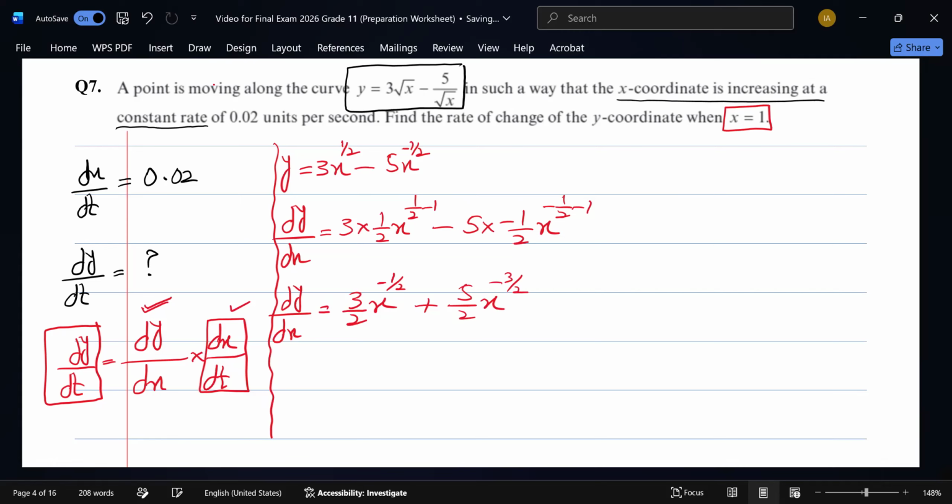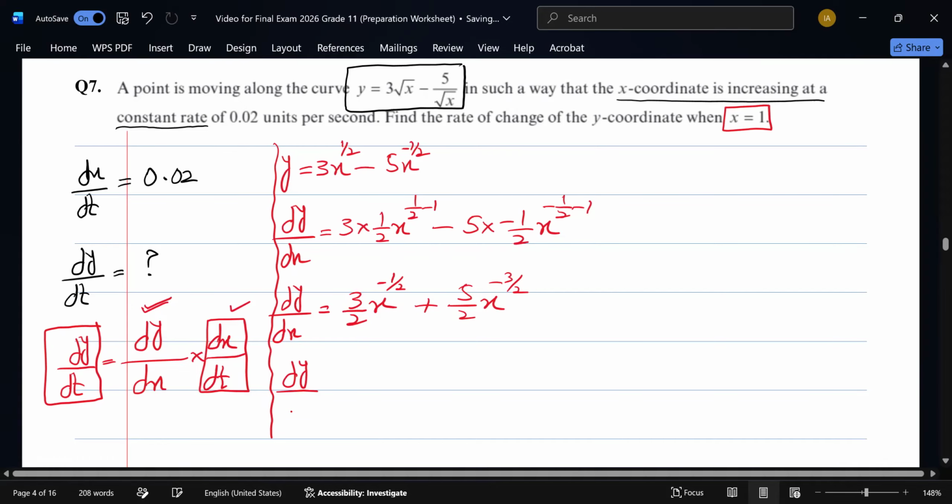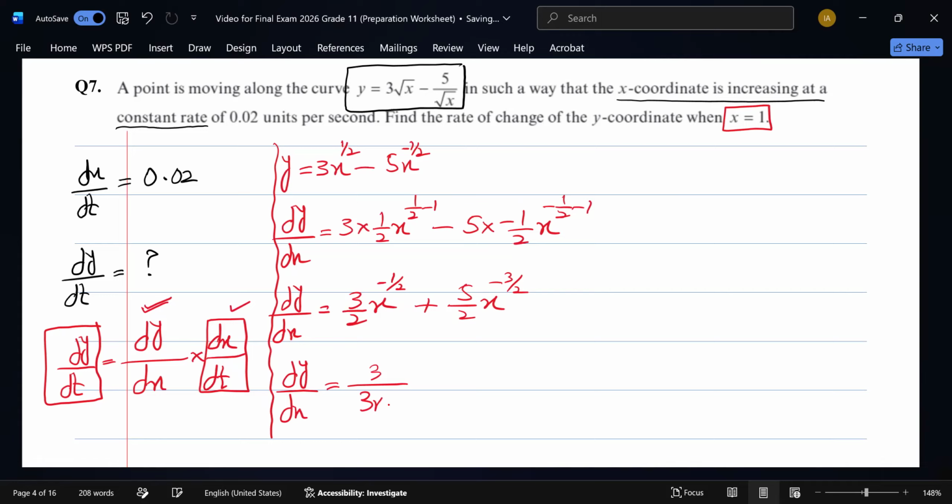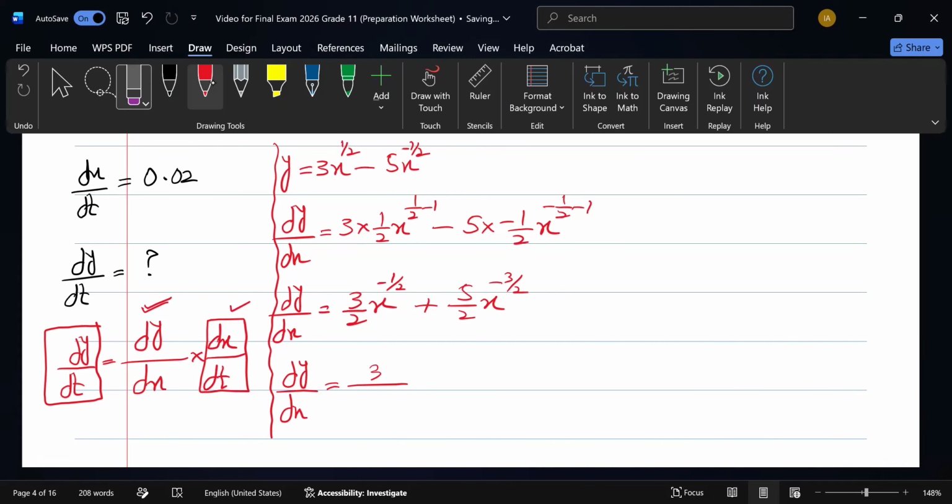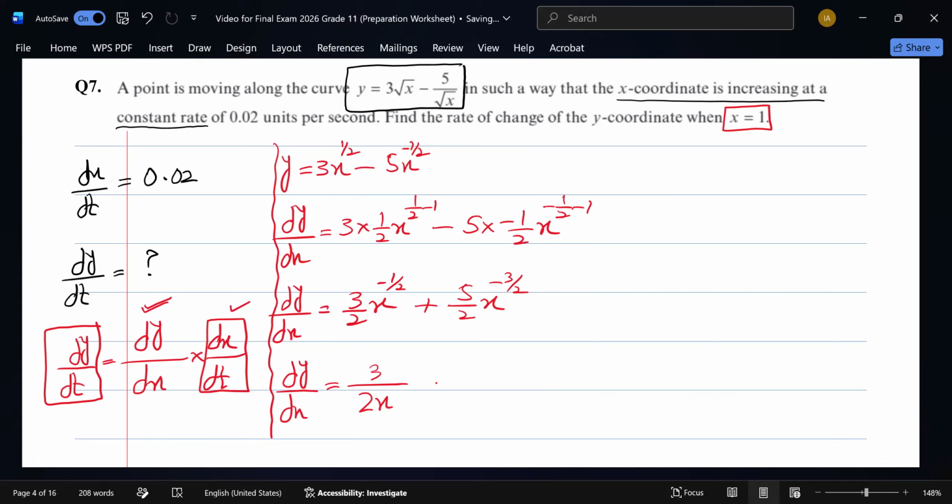Now we substitute. We bring the power positive and shift it to the denominator. It's 2 x power half plus 5 over 2 x power 3 upon 2.